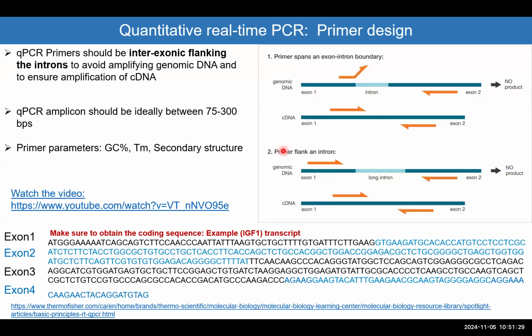The introns exist on the genomic DNA. So if the primers are on the same exons, there's no way that you can space them by introns. You use the introns that exist on the genomic DNA so that you get rid of any product that comes only from the genomic DNA.